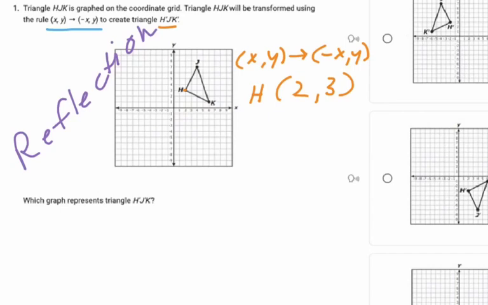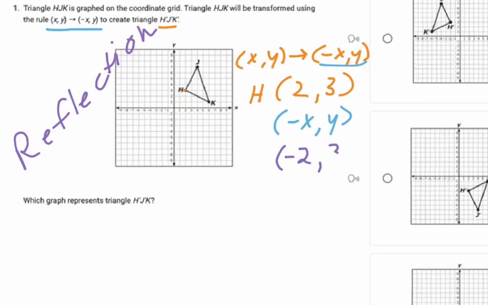Now, when it gets transformed, and it's going to be a reflection, what's going to happen there is we take this and use the rule, which says it's going to go to (negative x, y). That's the rule that we have right over there. That means we take the x and make it a negative. So now it's a negative 2, but the y stays the same. The y stays as a 3.